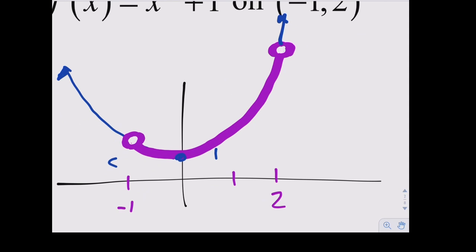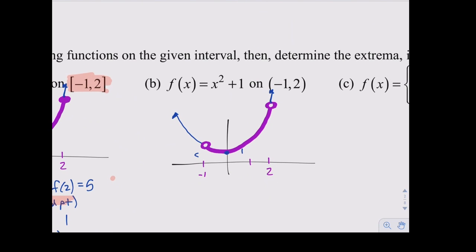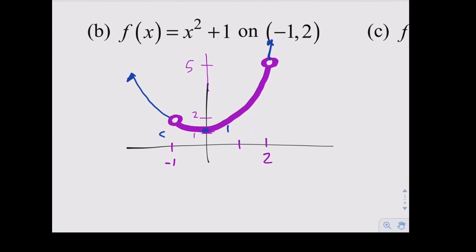That's kind of neat. And now you kind of have the interval that you're looking at, right? We can even do better than that. We could label this left endpoint -1. If you plug it into x squared plus 1, you get 2. And up here, you plug in your 2. Of course, we got 5. And the y-intercept was at 1. So we can look at that. Might be a little bit more useful just for graphing purposes.